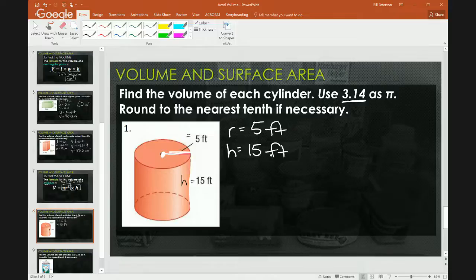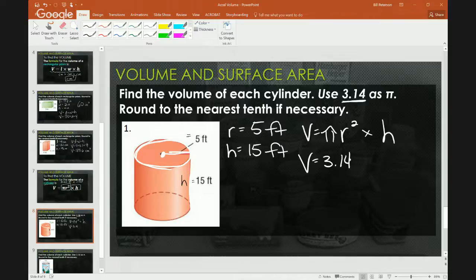We know that our equation for volume is pi r squared, which is the area for just the circle part at the top, and we're going to multiply that by the height. Since we already have our radius and our height, let's plug in some numbers. Volume is 3.14 times our radius, 5, squared, and then we multiply that by 15, which is our height. Order of operations tells us to do the exponent first: 25.